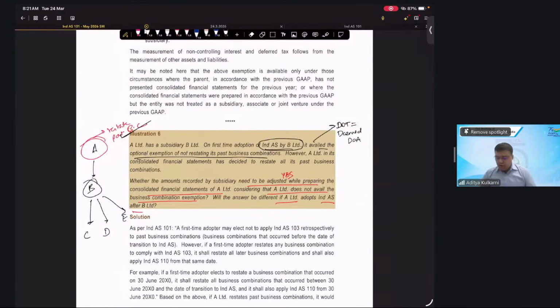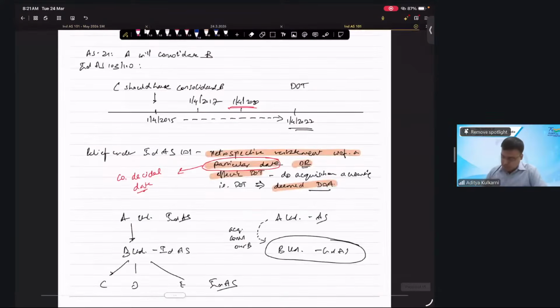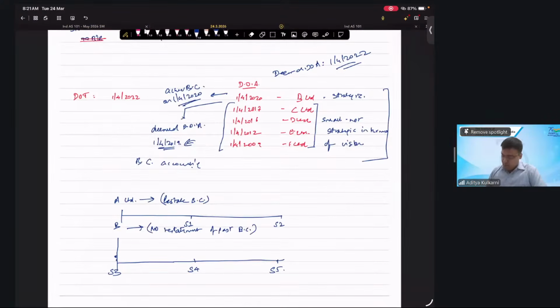A Limited does not avail the business combination exemption. That means it will restate the business combinations. Yes or no? Yes, sir. Whereas B Limited is opting for the business combination exemption, with no restatement of past business combinations. This is the scenario.